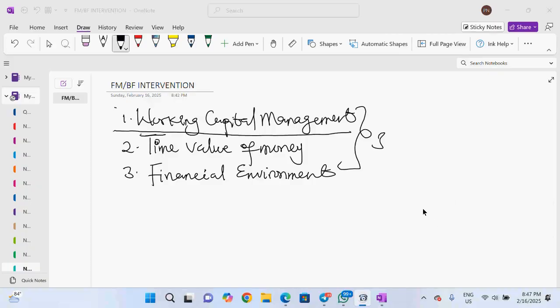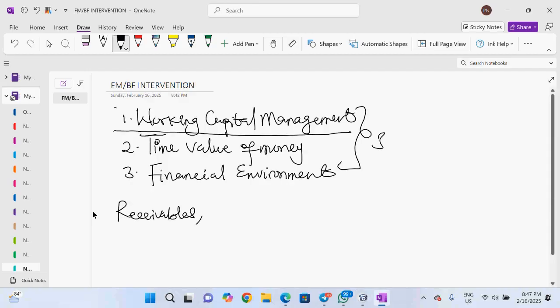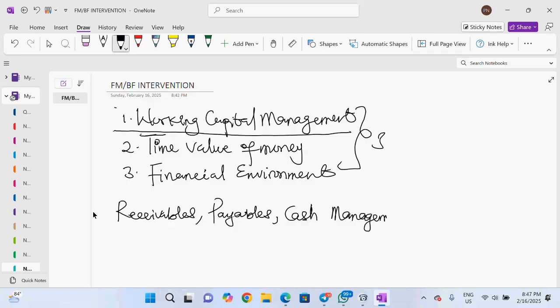Under working capital management, we have three key areas that we'll be talking about: the receivables, the payables, and the cash management.